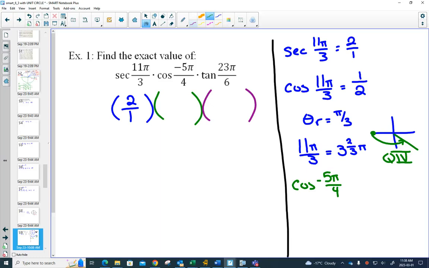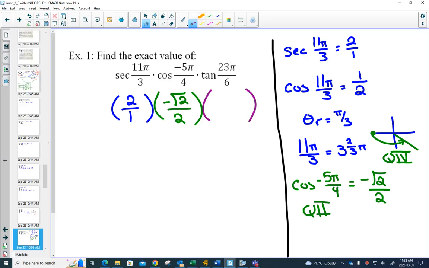So if I went 3 quadrants in the negative direction, can you see that this is going to be in quadrant 2? Quadrant 2, pi over 4 family, cos is negative in quadrant 2, so I will get negative root 2 over 2. I replace that in the green.